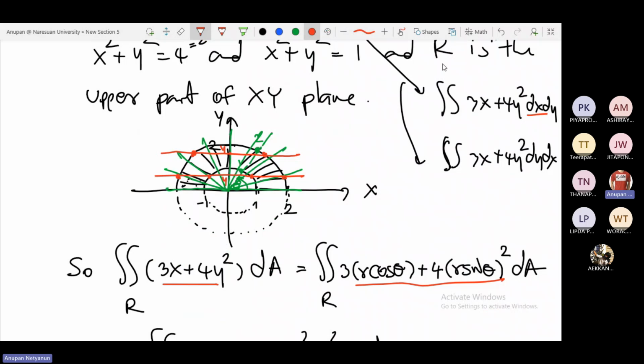Okay. Now it's the same as the other option, which is if you want to do the integration with respect to y first, so your x will be constant.